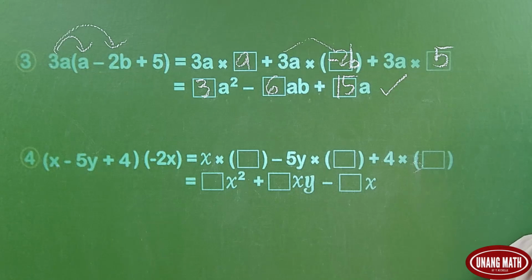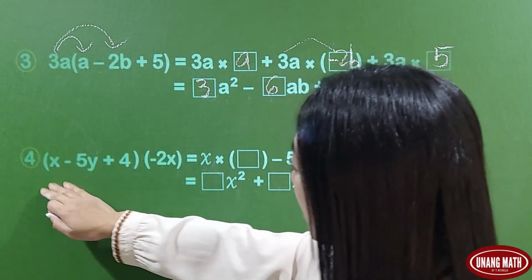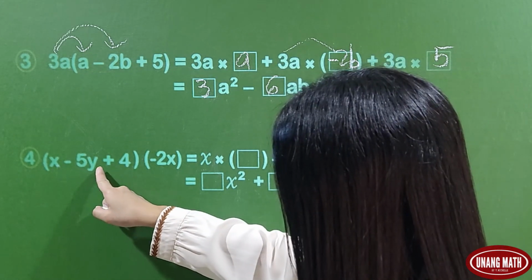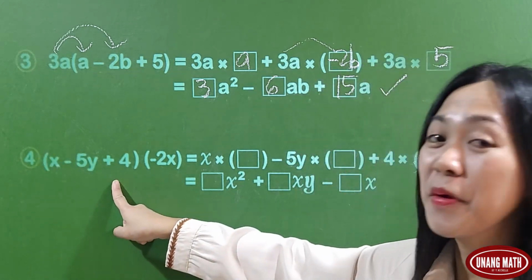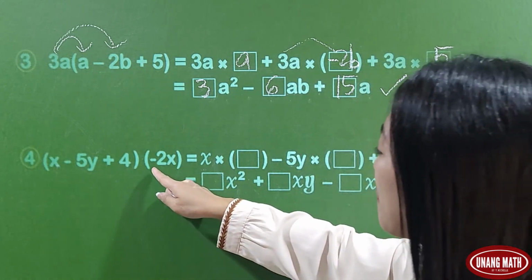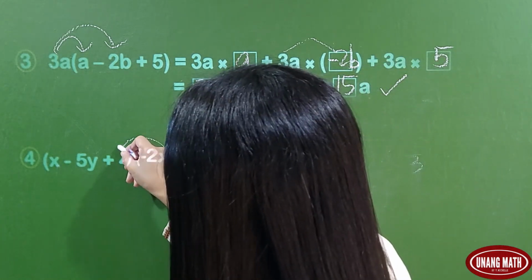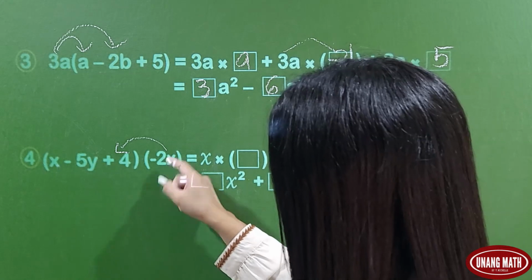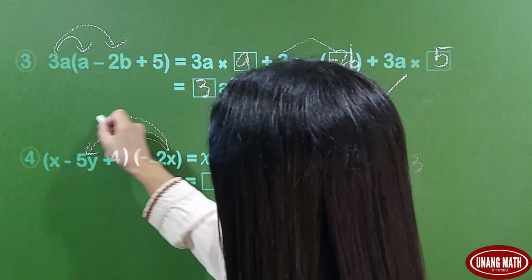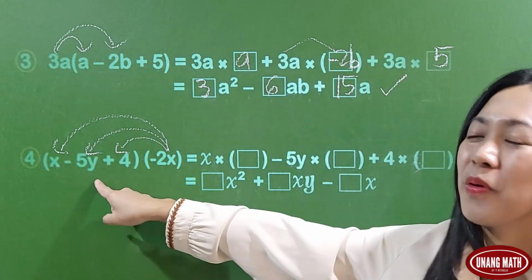Number 4 would be x minus 5y plus 4. This is our polynomial, and the monomial is negative 2x. So we will be multiplying this monomial negative 2x to each term of this polynomial.